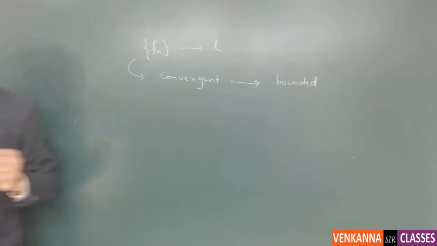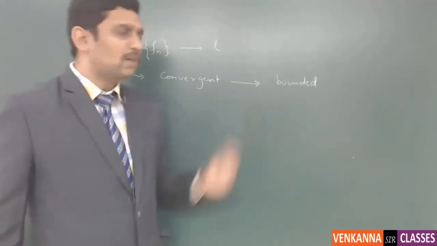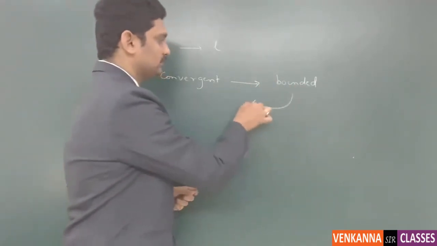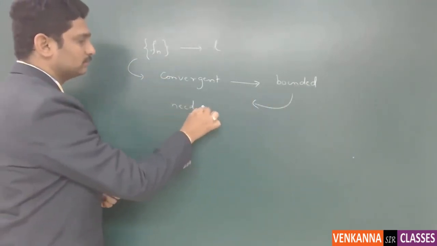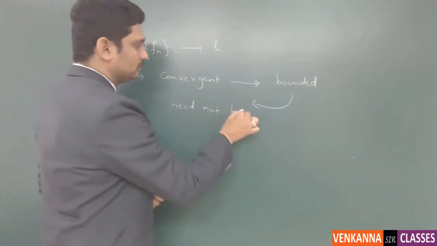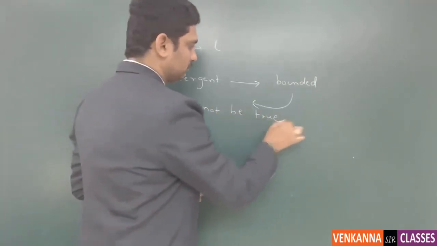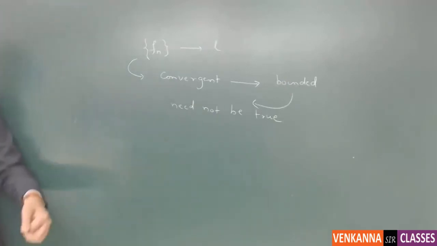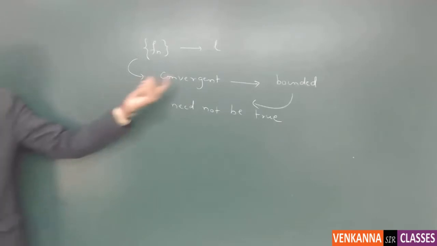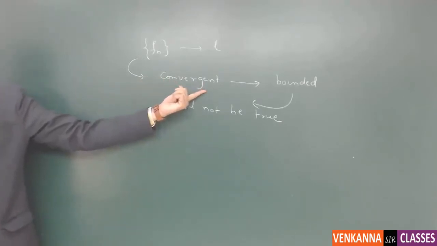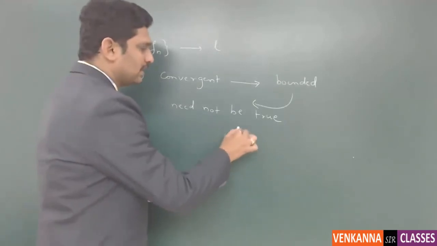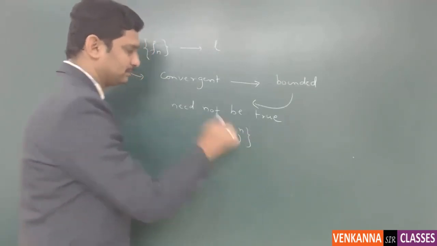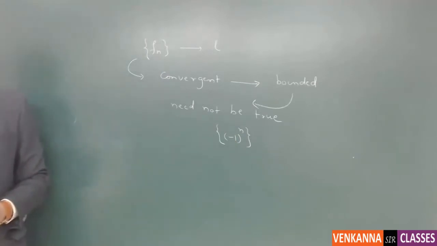Then the opposite need not be true. If you take a bounded sequence, you cannot say that it is always convergent. The simple example, which you have seen earlier, is the sequence (-1)^n.